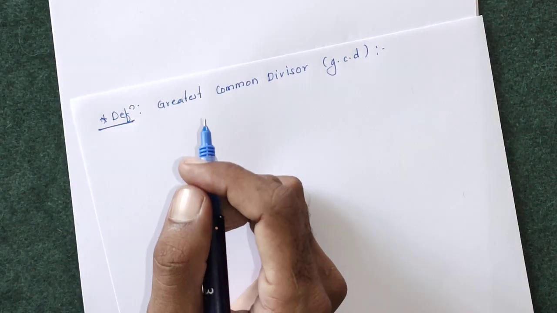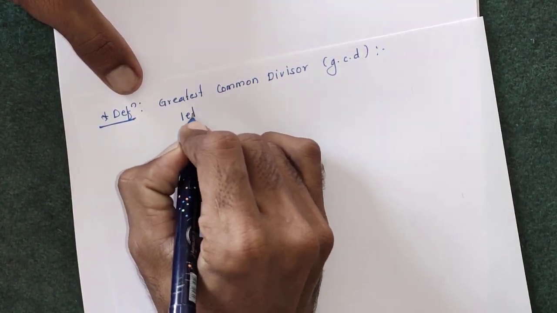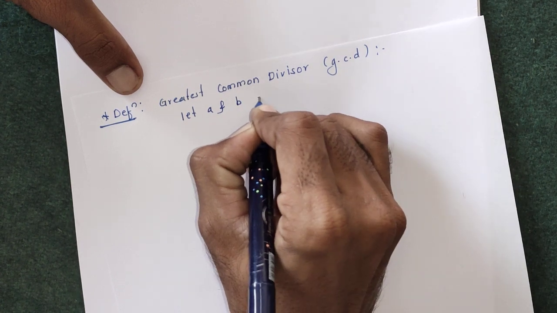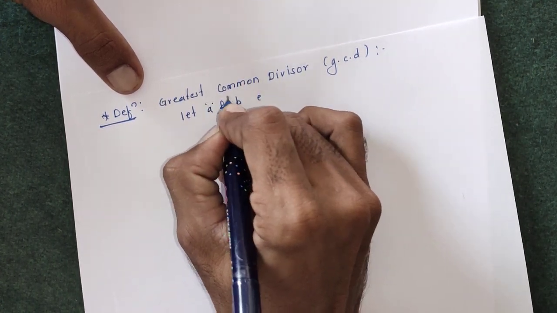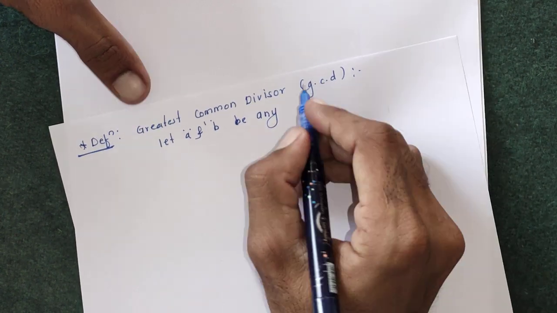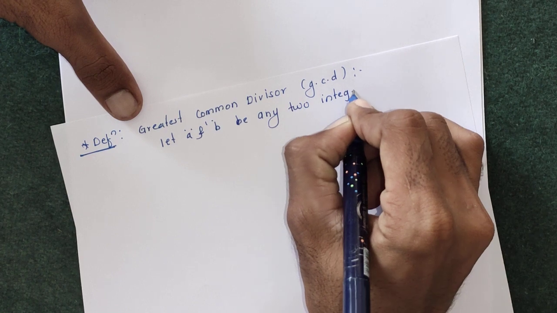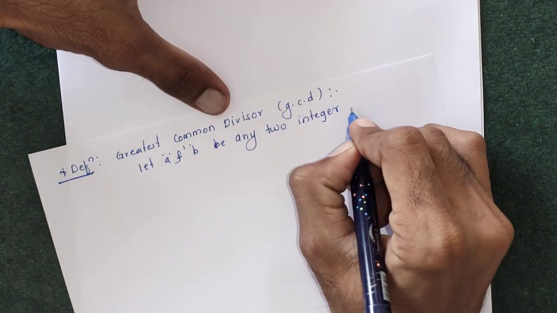The definition is: let A and B be any two integers.